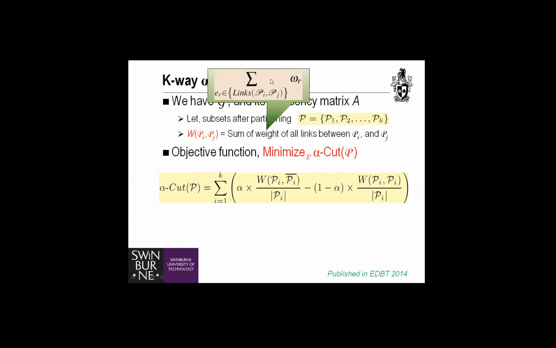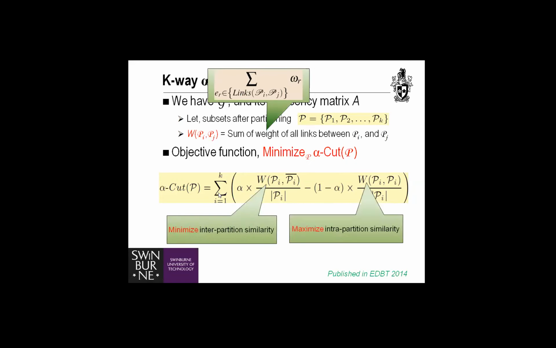This weight is the summation of the weights of all the links between Pi and Pj. Now, in this alpha cut formulation, there are two parts. The first one considers the weight between Pi and all the other partitions except Pi. So basically, it is considering the inter-partition weights, and we want to minimize this similarity.